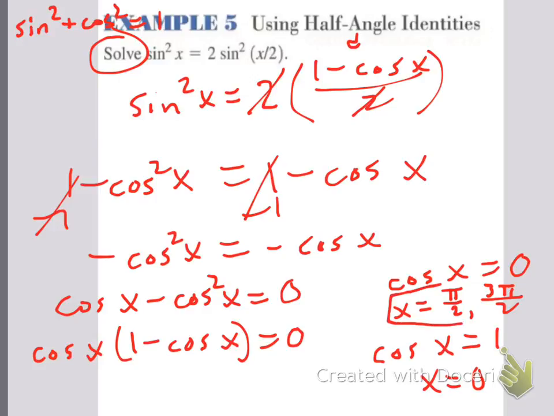So here are your 3 answers. And again, when it says solve, we're assuming that our interval is from 0 to 2 pi. So that's chapter 5. And again, we'll practice, we'll answer questions, we'll get you guys squared away.